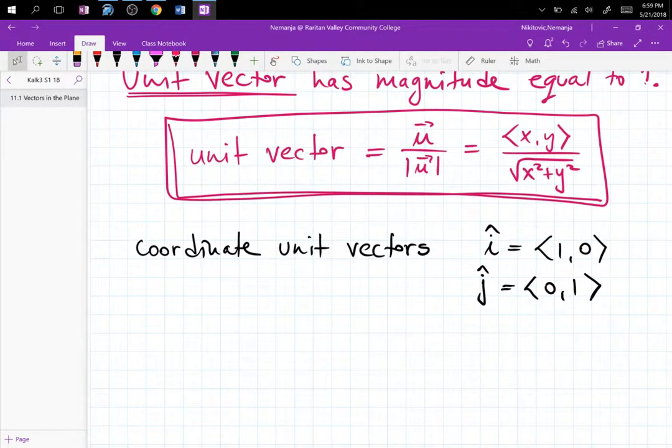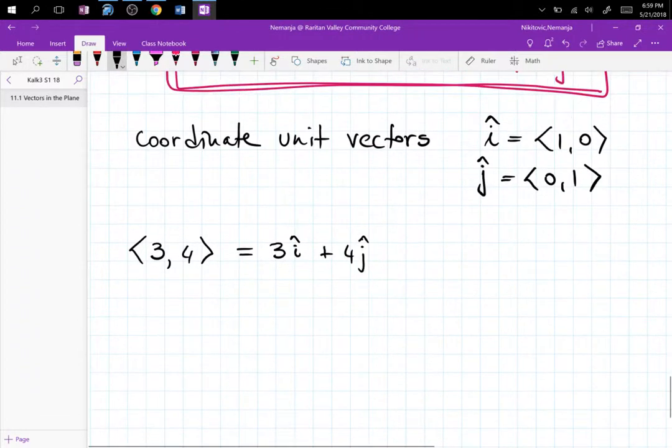So these guys are actually the coordinate unit vectors because they help us break our vectors into components. So let's take a look at the 3, 4 vector, which is actually 3i plus 4j.